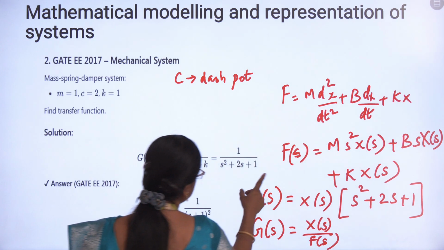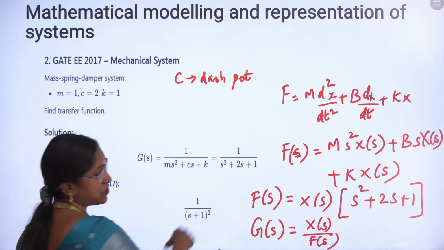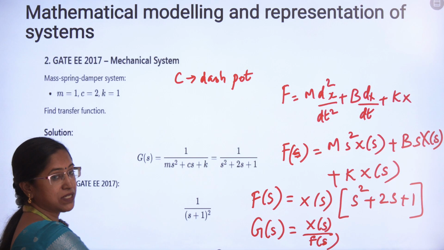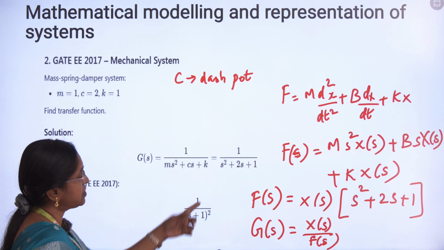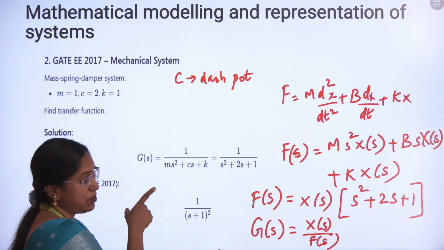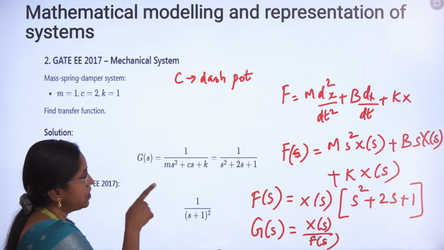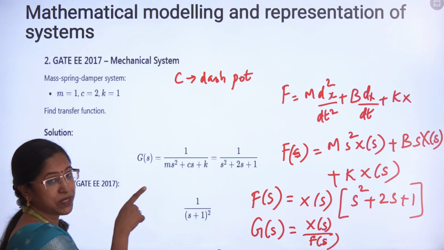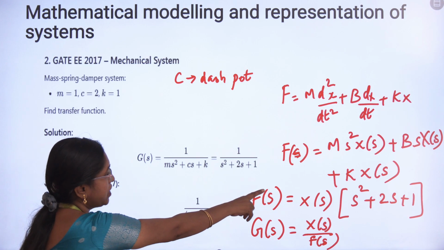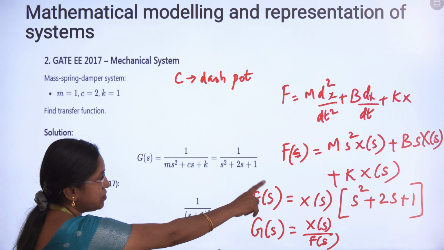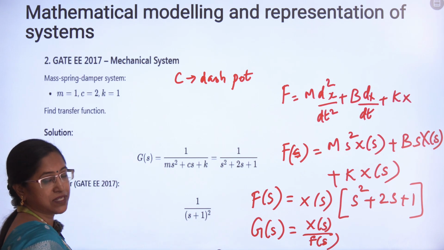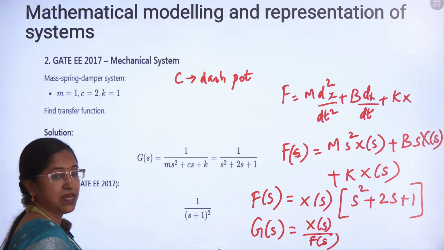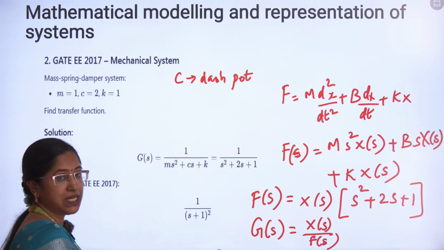For transfer function we need the Laplace transform. When you take the Laplace transform of the system, F will become F of s, which is equal to m s square into X of s plus b s into X of s plus k into X of s. X being the displacement is your output. Force is the input you are going to give to the system.